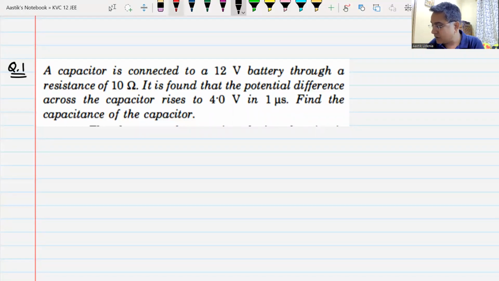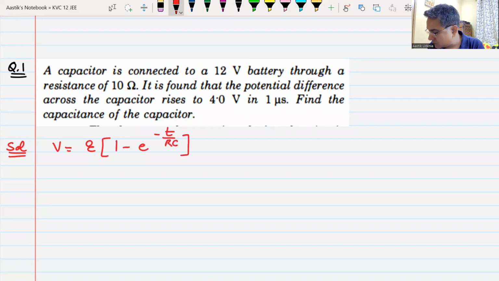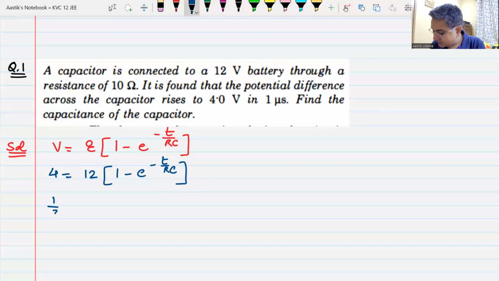So how are we going to do this? I've already given the formula of potential difference across the capacitor. V is equal to E into 1 minus e to the power minus t by RC. Now the voltage across the capacitor plates is given as 4. 4 is equal to 12 into 1 minus e to the power minus t by RC. 1 by 3 will be equal to 1 minus e to the power minus t by RC.